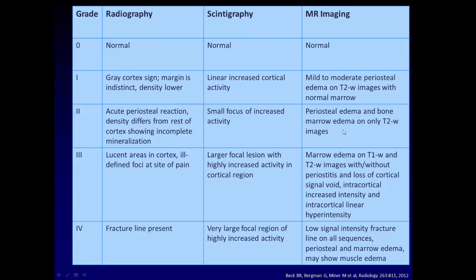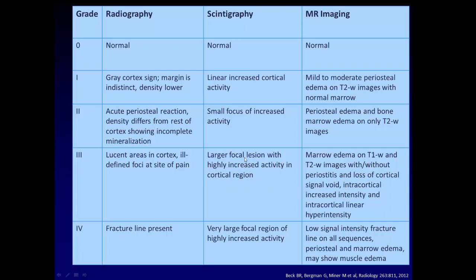In a later stage, we start to see marrow edema that's only visible on T2. That corresponds to more focal uptake on scintigraphy, and periostitis is typically visible on the radiographs. More advanced disease, we start to see changes on our T1 weighted images.